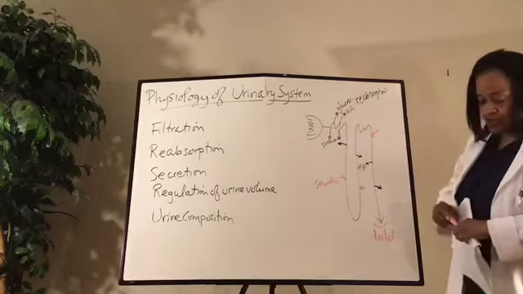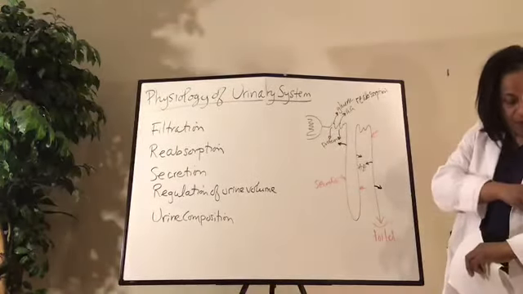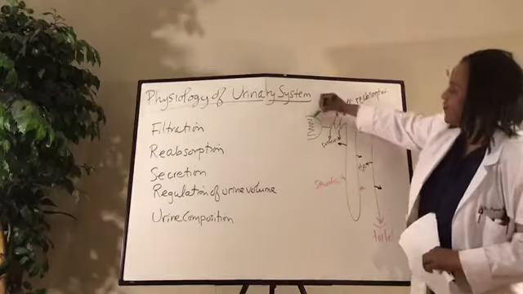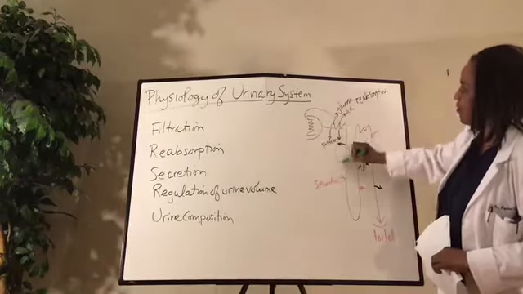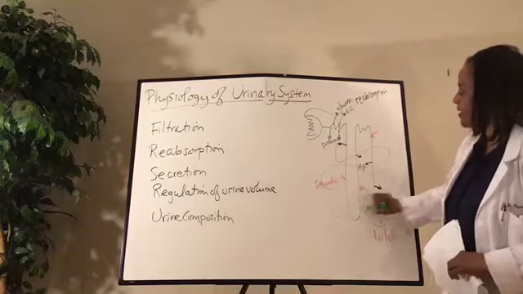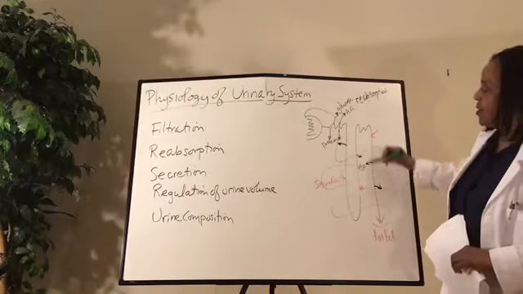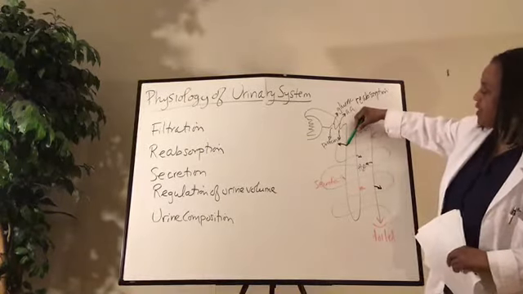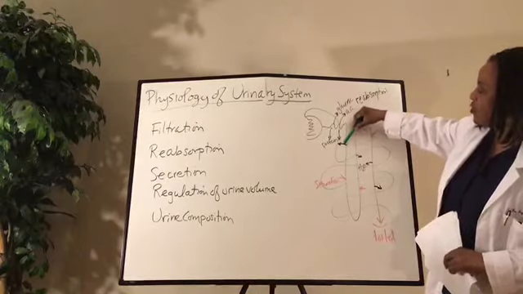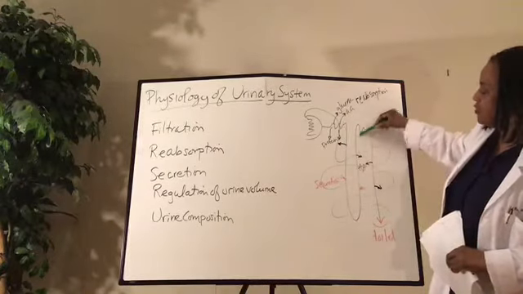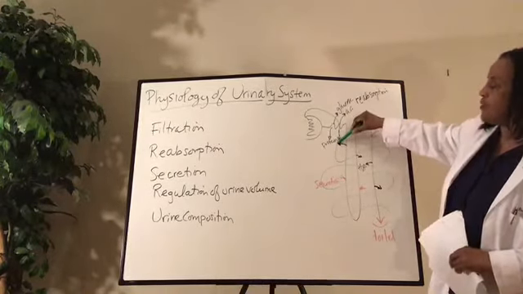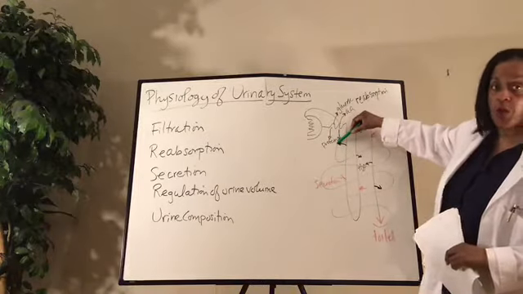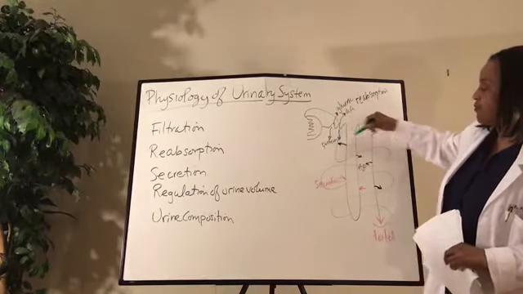How is all this occurring? Well, you have to remember, from your efferent arteriole, you have peritubular capillaries that are going all around. If you want to reabsorb something that's going in this tube, then put it into the peritubular capillary, and it will come back to your body to be reabsorbed.